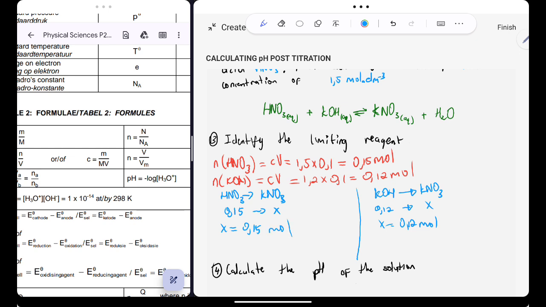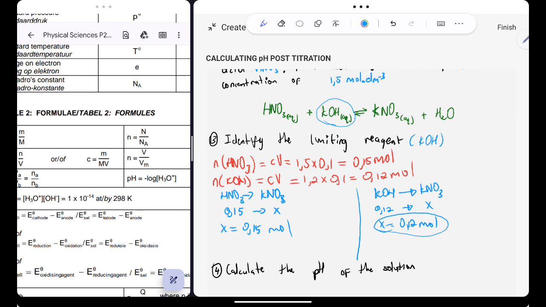Together. So in this case, guys, I can see that my base will give me the small amount of product. So in this case, this guy is my limiting reagent. KOH is my limiting reagent.